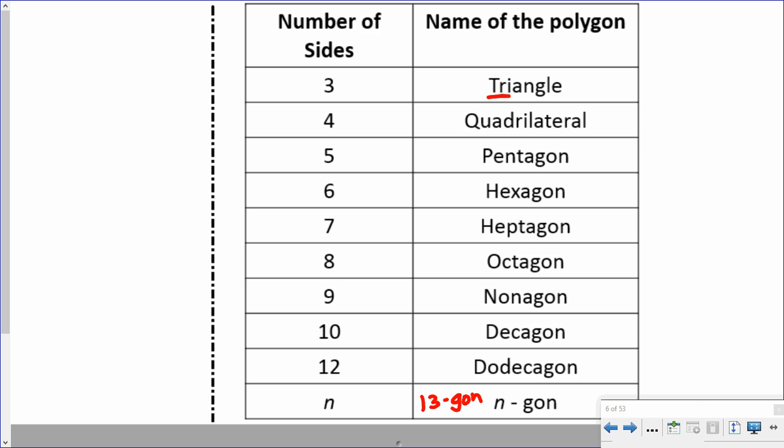Not super creative after that. If I had a 50-sided figure, then I would call it a 50-gon. Okay, so you will need to know these. And again, I'll show you. I'm not just going to come out and ask you what's a five-sided figure called and you would just have to say pentagon, but it'll be embedded in a problem that if you don't know how many sides that has, then you may not be able to answer the question.